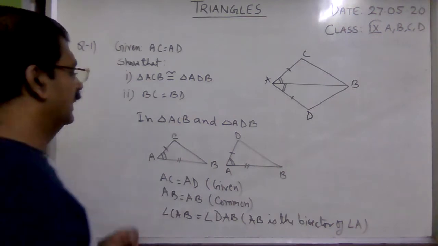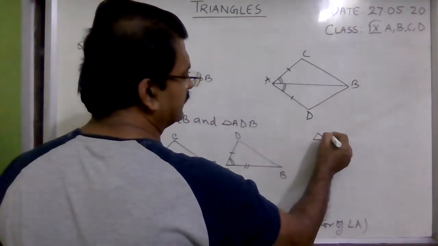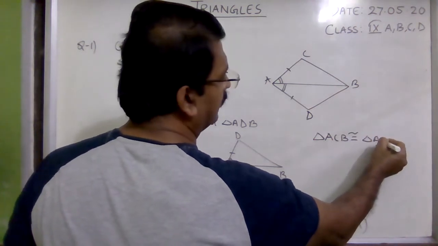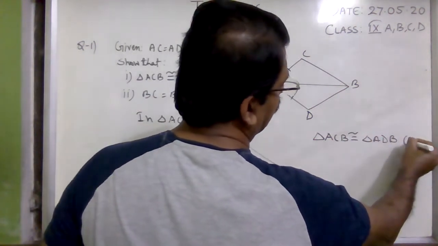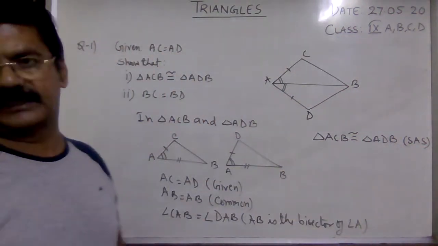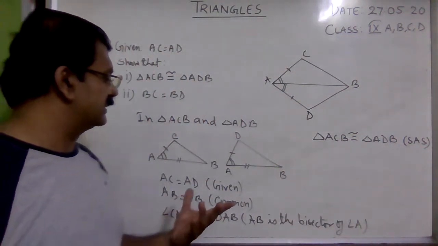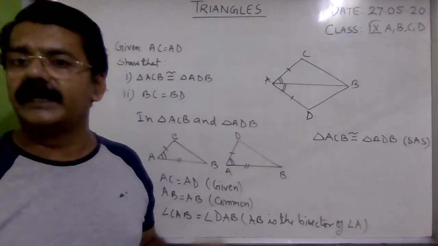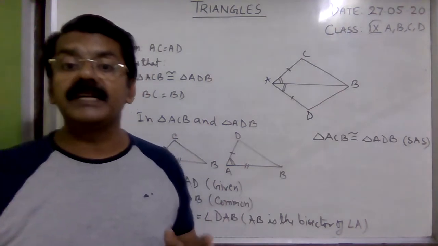So you write triangle ACB is congruent to triangle ADB, and the reason you write down is SAS congruency. And now once it is proved that these two triangles are congruent, then we can easily say that BC is equal to BD by CPCT.